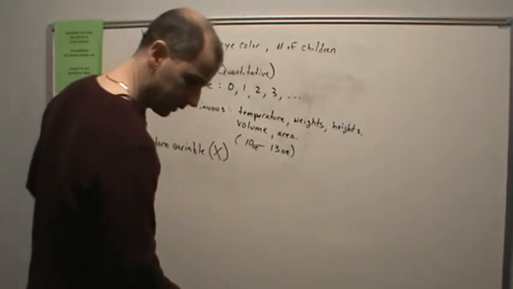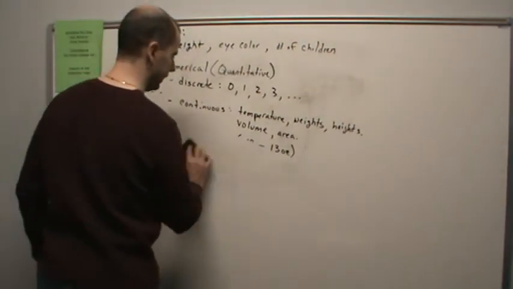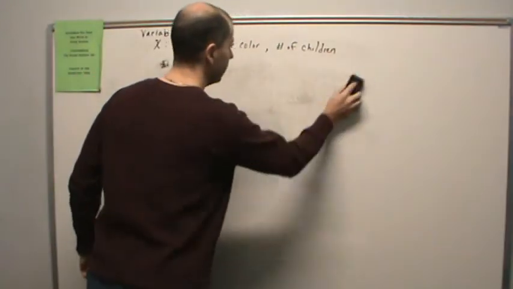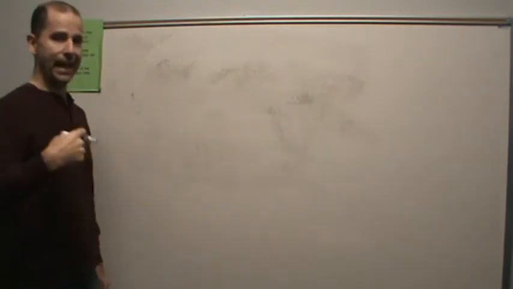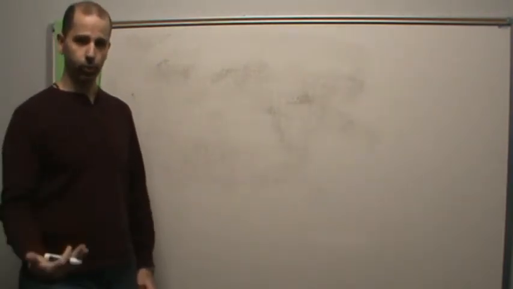Okay, last thing I'm going to cover before we go into our example is data. What is data? Very simply, data is the actual values of the variable that we're measuring.